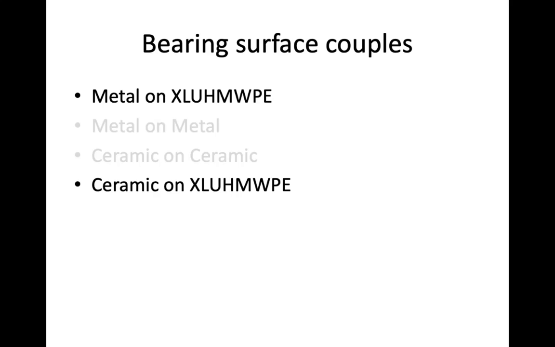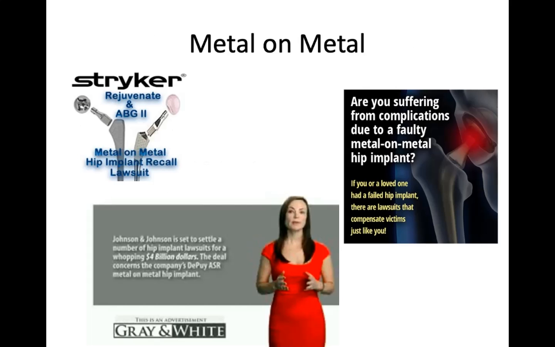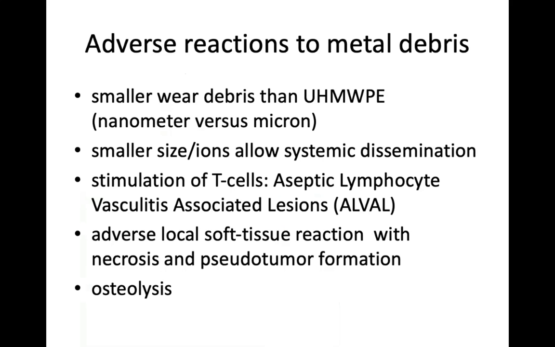Why is that? Metal on metal has led to numerous lawsuits as well as billions of dollars in settlements with major manufacturers. Why is that? That's due to adverse reactions to metal debris.